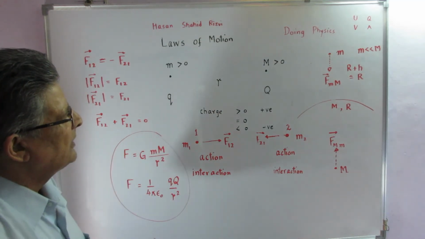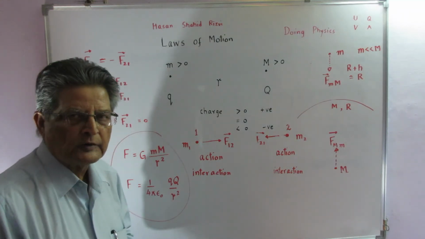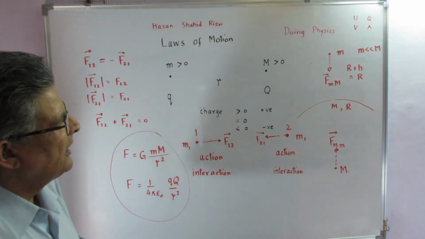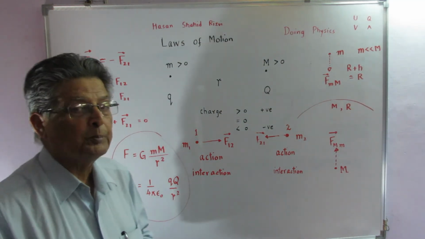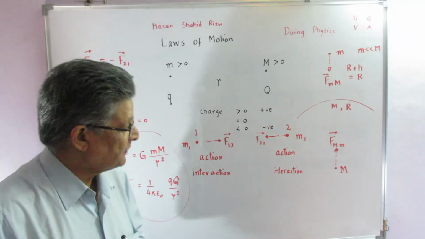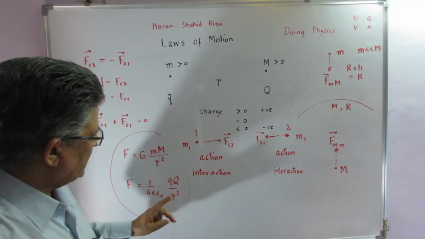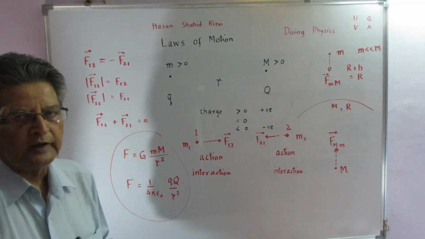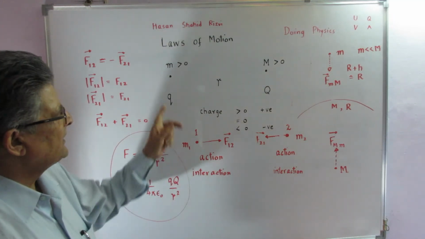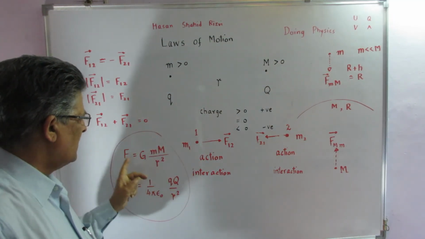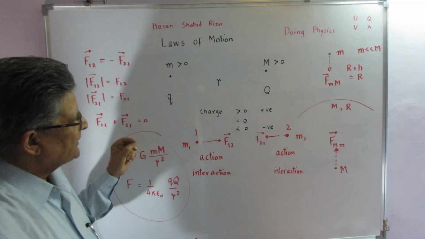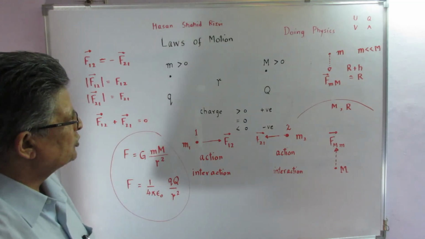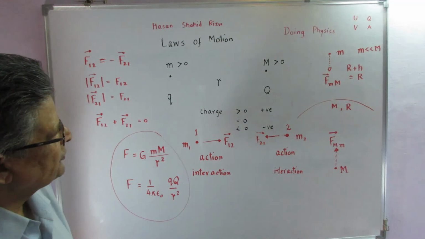And when a positive value is obtained for the force, that means the force is repulsive. And if one of them is negative, the other is positive, then this quantity becomes negative, and in that case we say the situation is attractive. And what happens exactly in the case of the gravitational force? There is attraction between two masses. Similarly, there is attraction between two charges and the charges move towards each other.